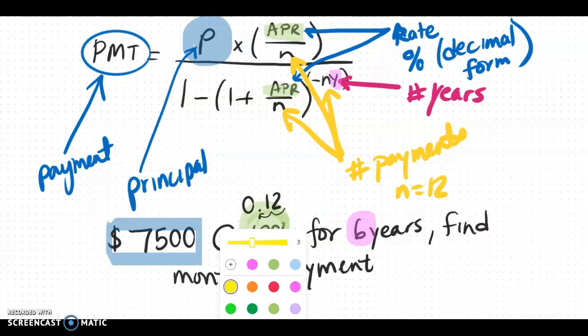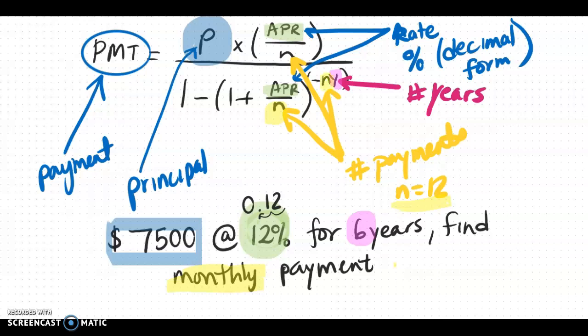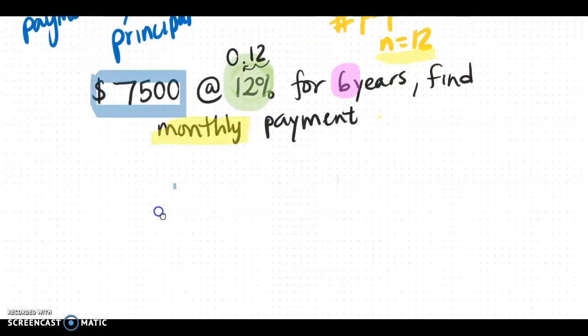And then I have the number of payments. If we want monthly payments, my N is 12, like I mentioned, because it's the number of payments per year. So I will put 12 in that place. Let's plug all of those in. What I like to do is make a list of the variables off to the side on my paper.